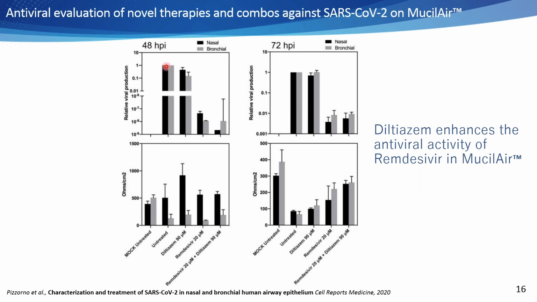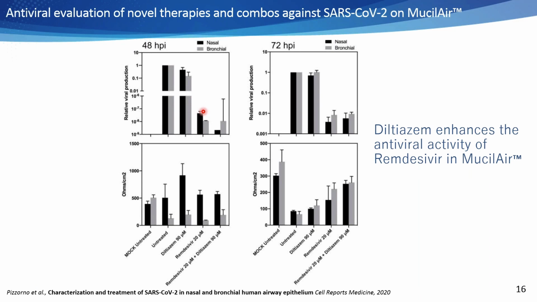As you can see very clearly, remdesivir decreases the number of viruses. We are talking about logs here, so 10 to 7 logs of decrease of virus genome in this test. So clearly we can see if a monotherapy is effective.